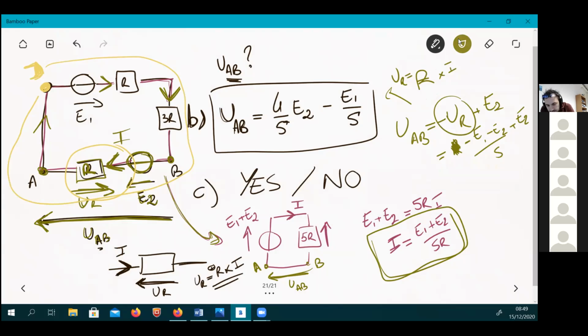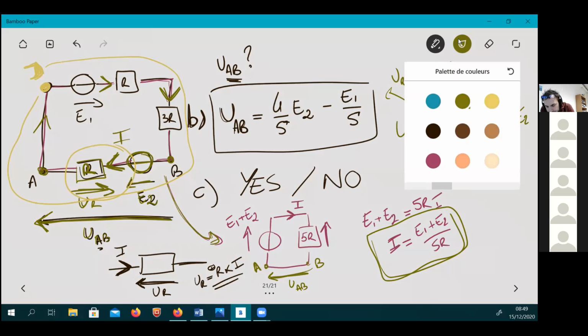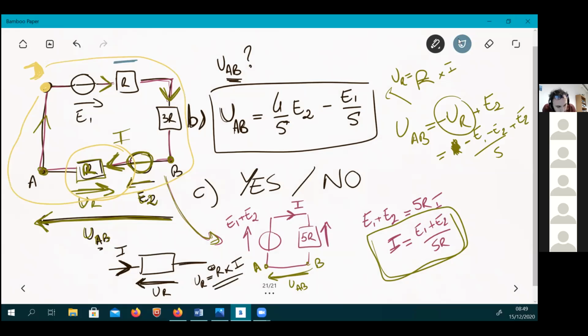Then you have to plot the voltages using receptor convention in the opposite direction than the current. This is UR, this is U3R, and this is also UR.